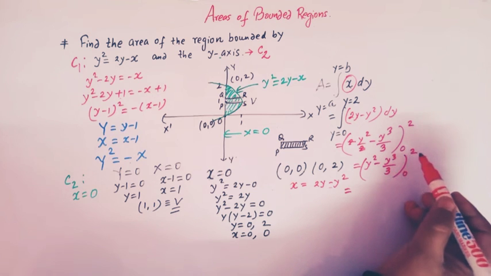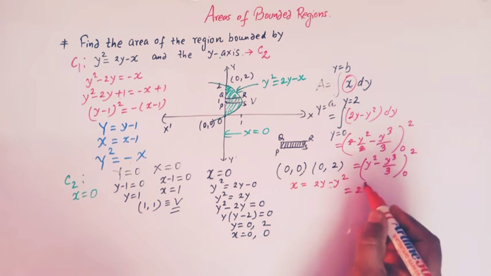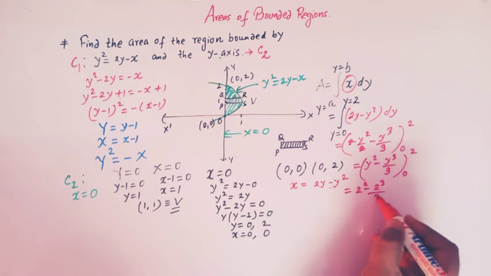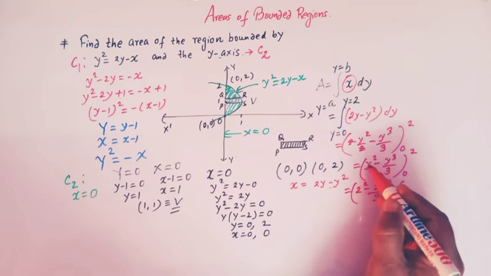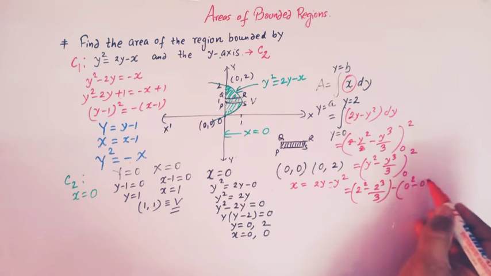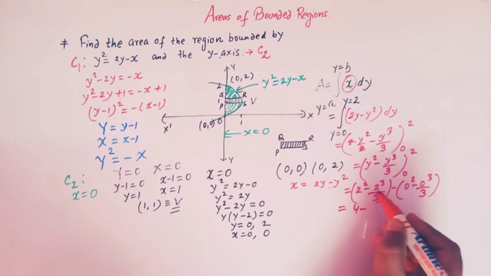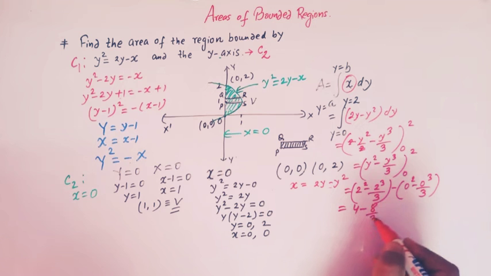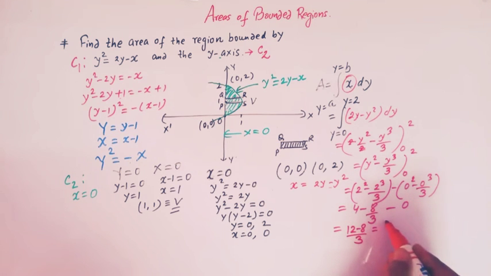Now we substitute y is equal to 2, so we have 2 square minus 2 cube over 3, and if we take y is equal to 0, we have 0 square minus 0 cube over 3. Here 2 square is 4, 2 cube over 3 is 8 over 3, and here we have 0, so this is 12 minus 8 over 3, that is 4 over 3 square units, right?